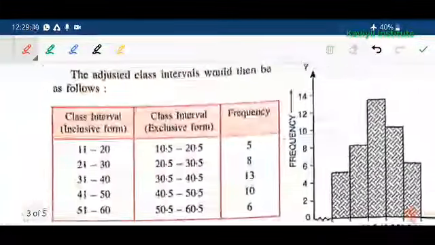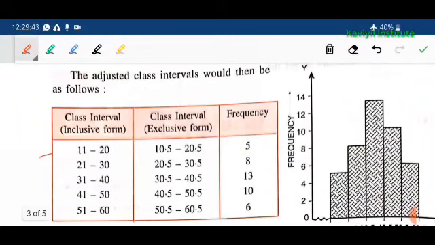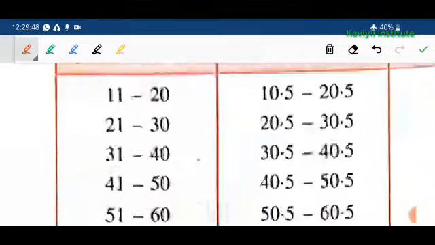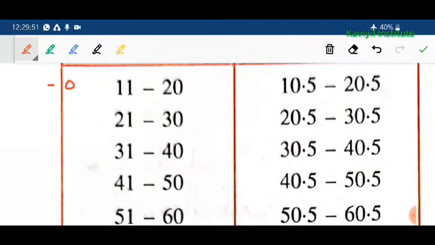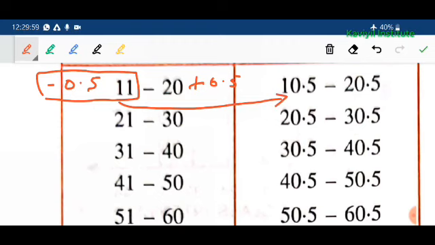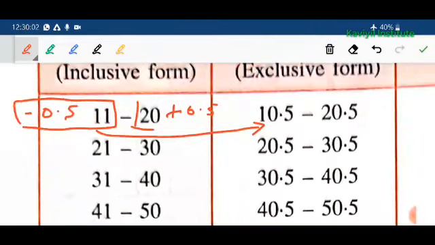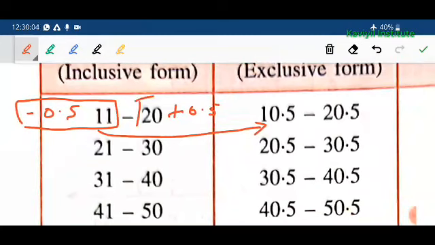Just see, it is 10.5 because of minus 0.5, and here plus 0.5. So it will be 10.5 and 20.5.